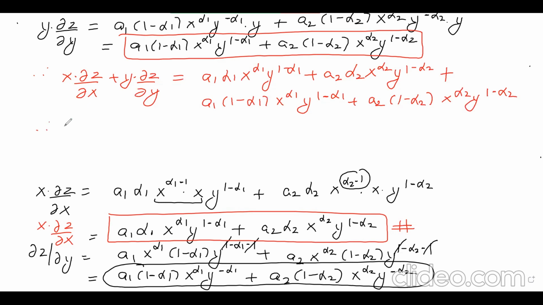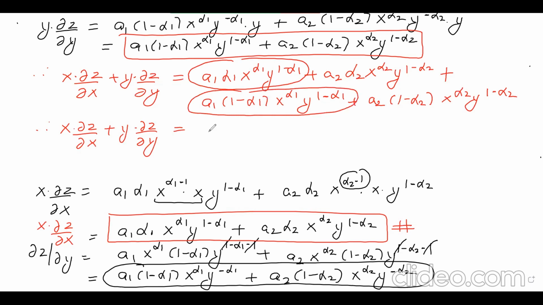Now if I solve this, therefore x times del z by del x plus y times del z by del y is going to be, now let us see what all we can take common. So within this expression and this expression, I can take a1 x to the power alpha 1 y to the power 1 minus alpha 1 common. So inside the bracket, I get alpha 1 plus 1 minus alpha 1.